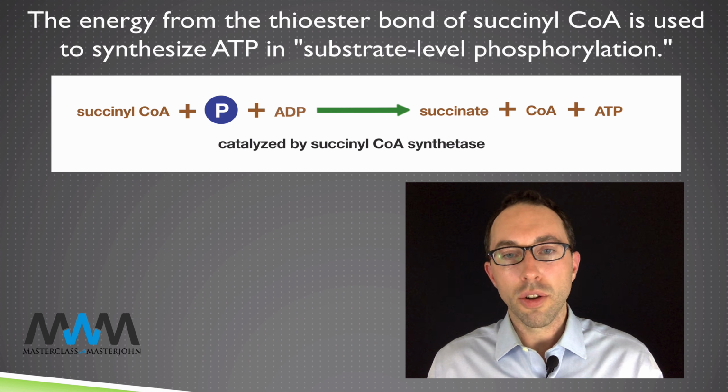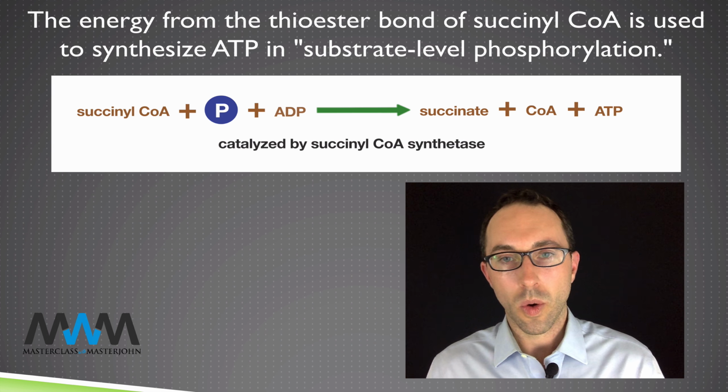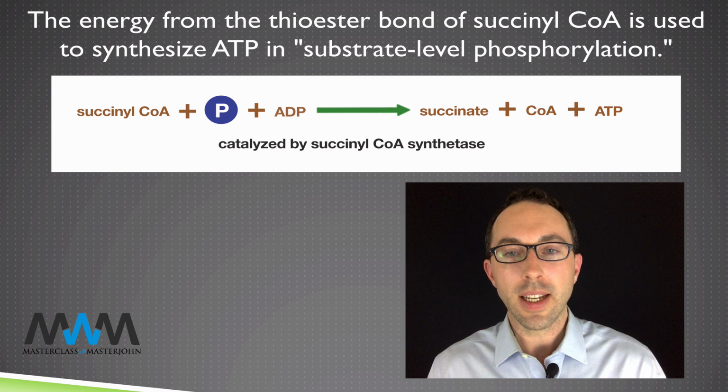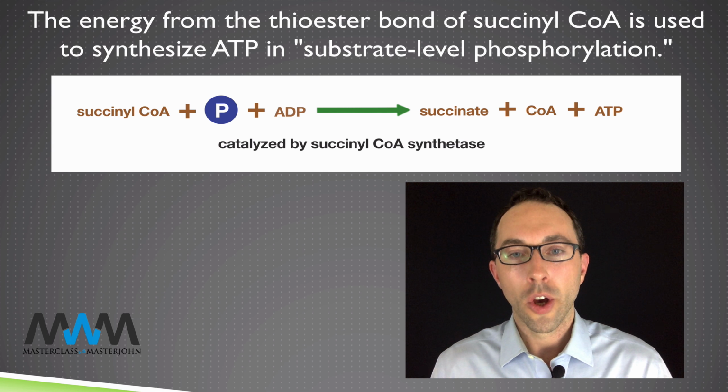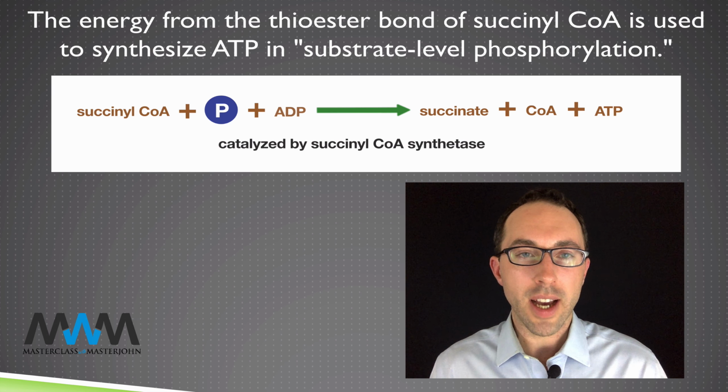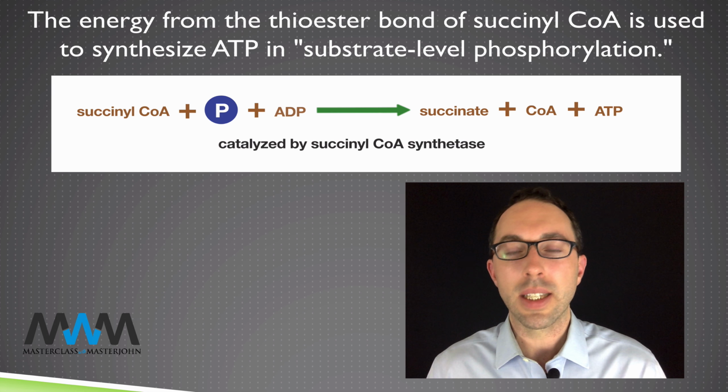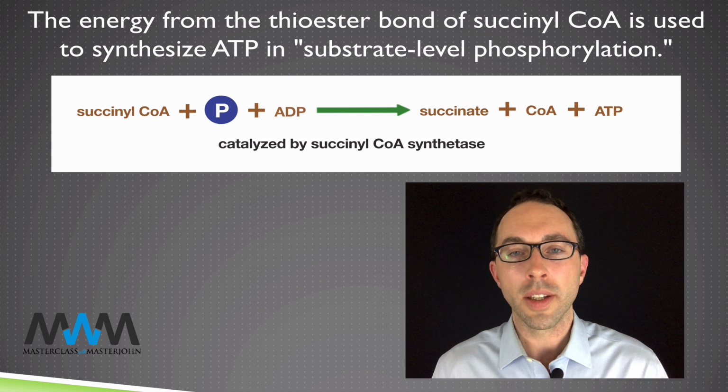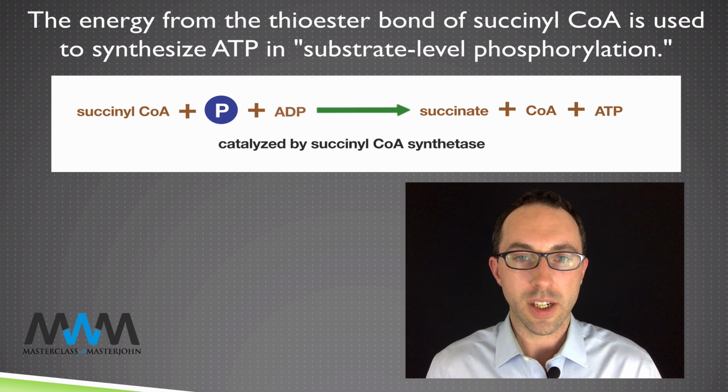During the alpha-ketoglutarate dehydrogenase reaction, when we succinylate coenzyme A, we're storing energy in the thioester bond that is then used to synthesize ATP in what's called substrate-level phosphorylation.